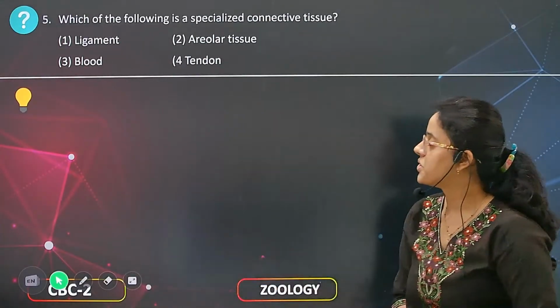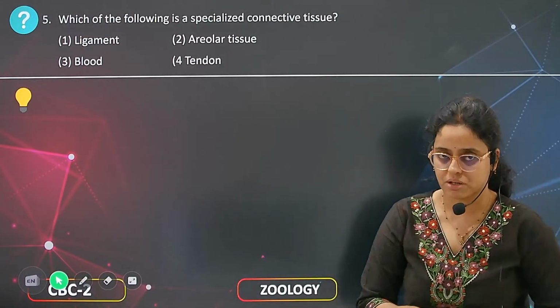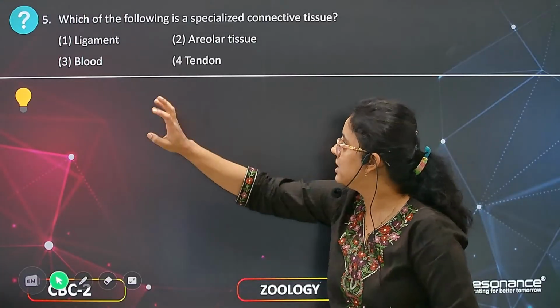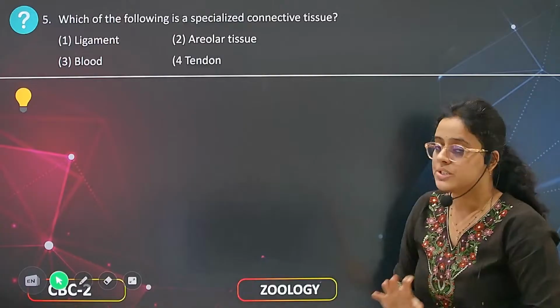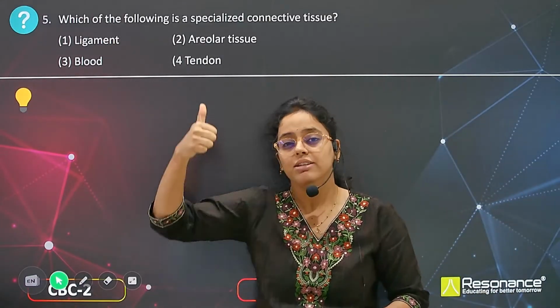Next, fifth question. Which of the following is a specialized connective tissue? The options are ligament, blood, areolar tissue or tendon. As I've told you, there are three classifications. Again, I'm repeating the same thing. This is the broader classification.